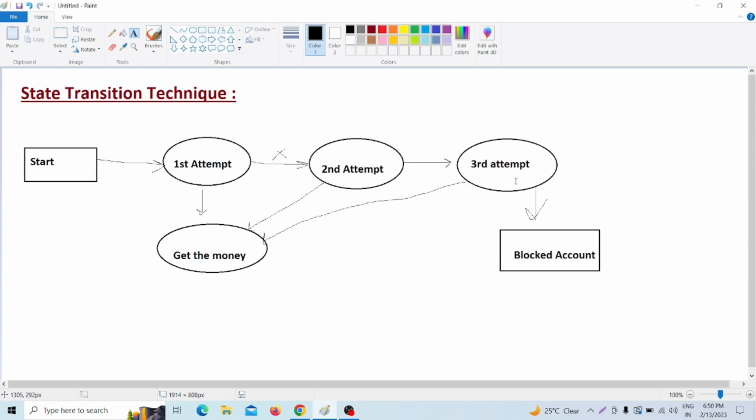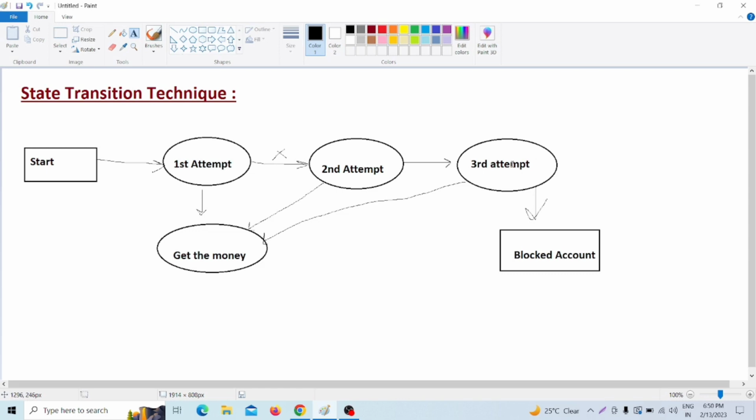So in the third attempt, if a user puts the wrong pin number, then the account will be blocked. Okay, that means we are checking all the stages here. So that's why in the definition I told you that we have to test the different stages of our application. This is the first stage, this is the second stage, this is the third stage.